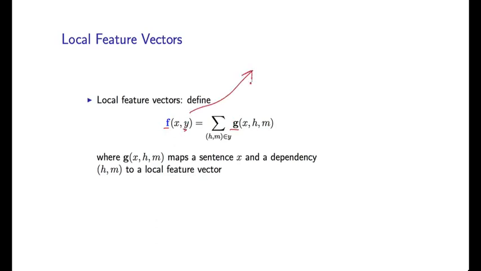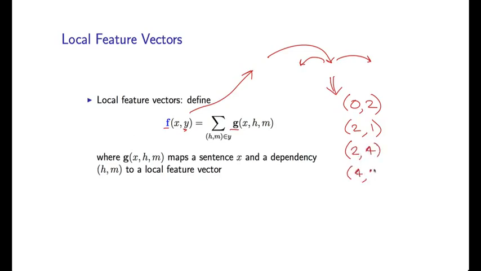So y is a structure, and this is going to be mapped to a set of dependencies where, again, each dependency has a head and a modifier. The head is an index of a word, where 0 is the root word, and the modifier is also an index of the word in the sentence. The local feature vectors can look at any information in the sentence and can look at the identities of this head and the modifier word.